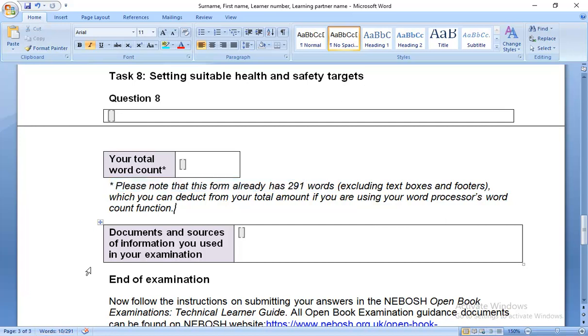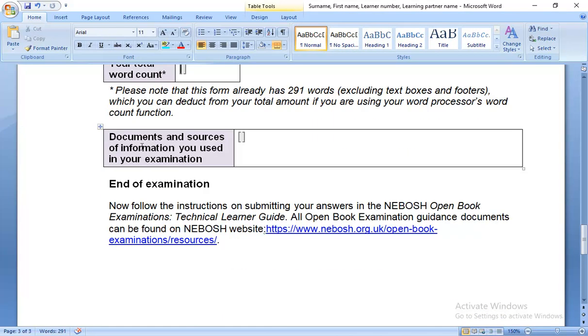So we have total words count here 291. Once we solve the answer template, then we will deduct these 291 words from the total word count and mention the detail here. The documents and sources of information that have been utilized or accessed for solving the tasks should be mentioned here.